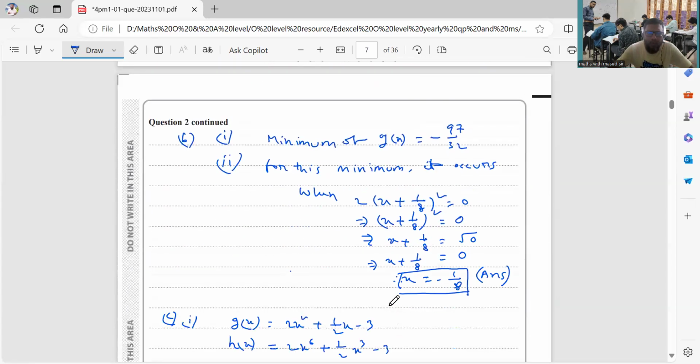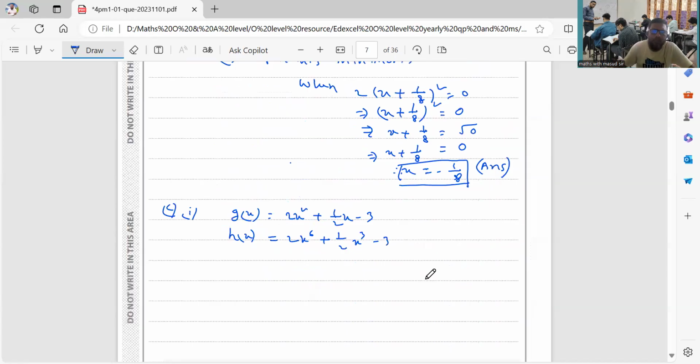Okay, so if you compare these two equations, look, the coefficient is the same, 2 is the same, half is the same, and the constant is also the same. And x should be replaced by x cube. If you make this x squared, it should be x cube whole squared, right?